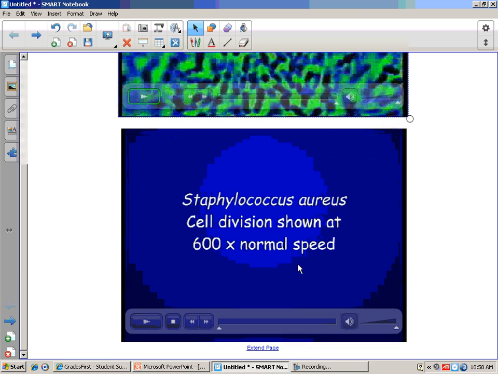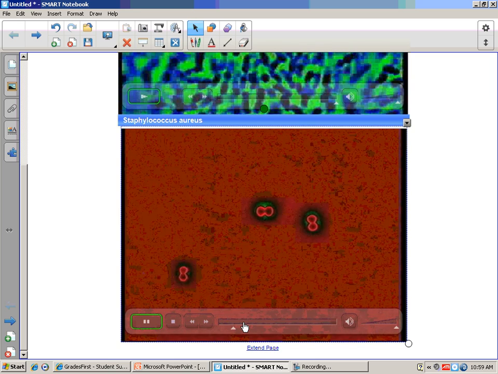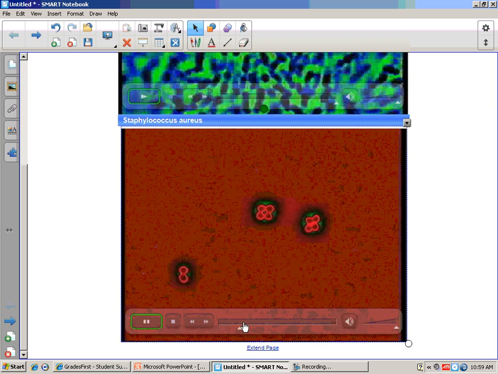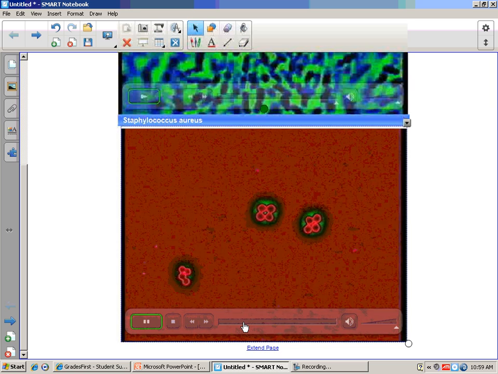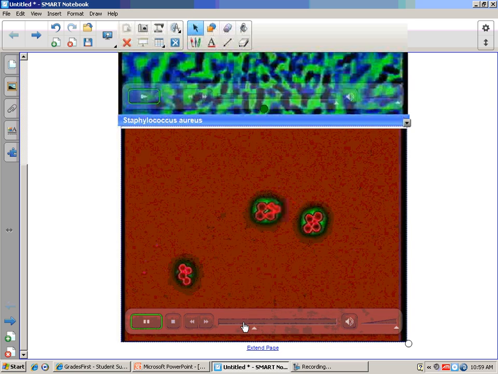So that's the E. coli. And this is staph. Staph grows a little slower than E. coli, so this was sped up a little bit more. I just think this one's really neat. It kind of looks like popcorn popping. Since it's Staphylococcus, it's going to pop into a cluster.